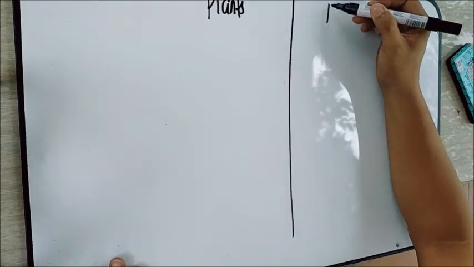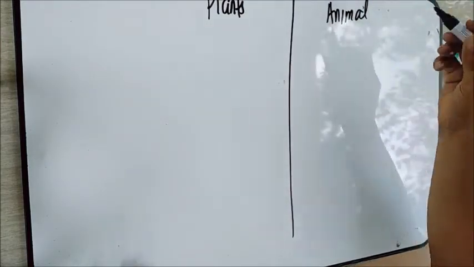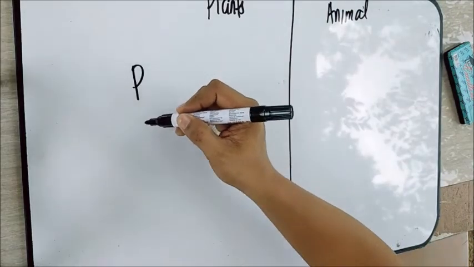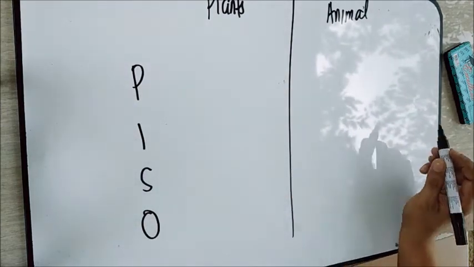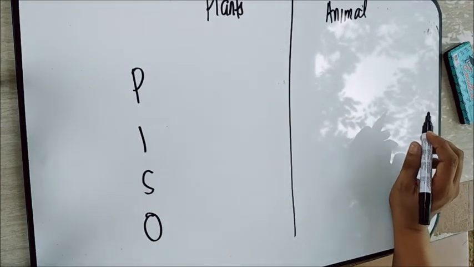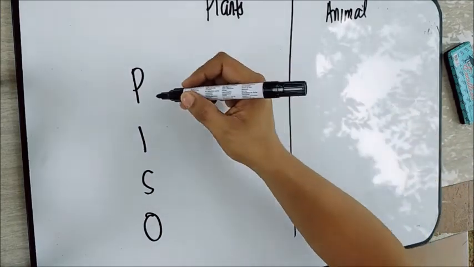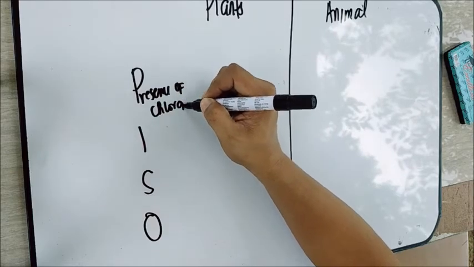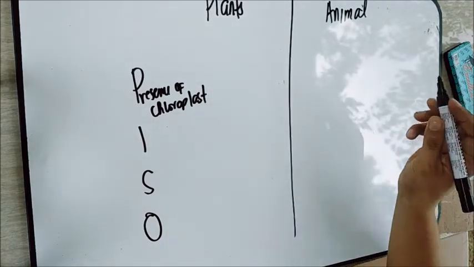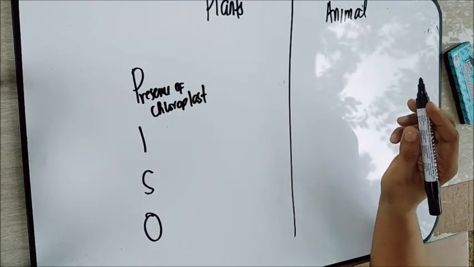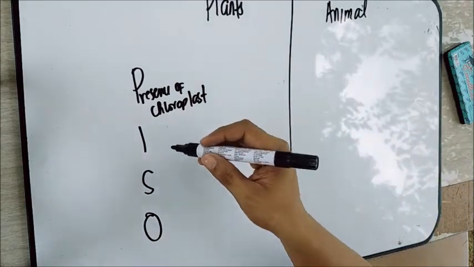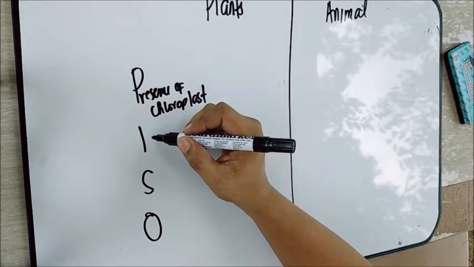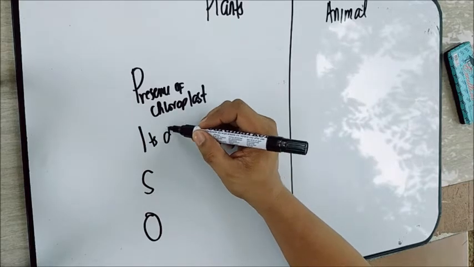Now, to differentiate the plants and animal cell, always remember piso or a 1 peso bill. Why? Because they can be differentiated according to the presence of chloroplast. We can also differentiate them according to their dividing mechanism.